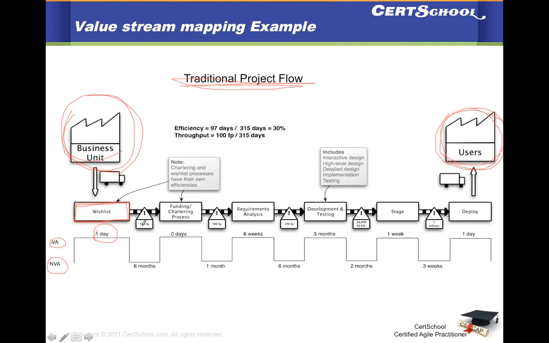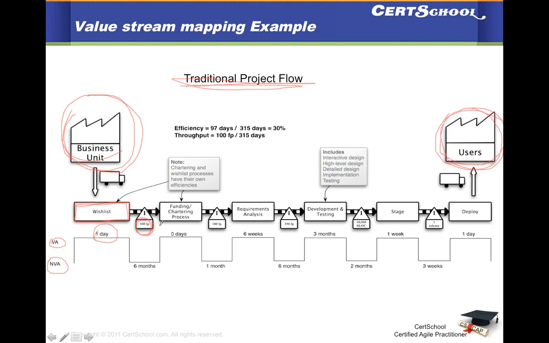Functional point is a very traditional way of thinking in terms of functionality. So from that wish list, let's say you created 100 functional points of value that you think the users would need.